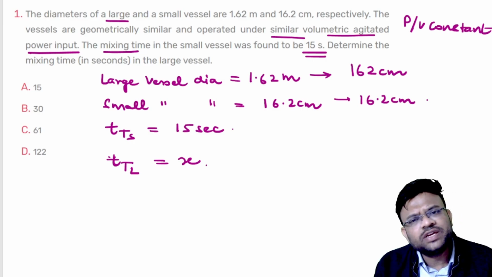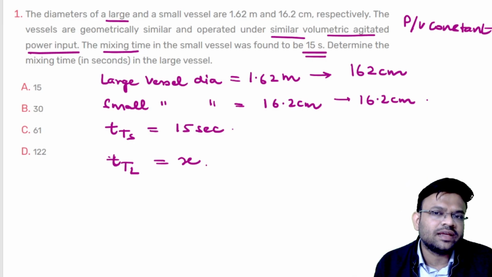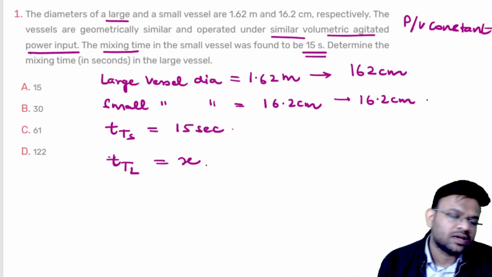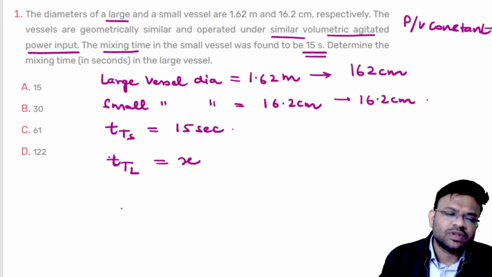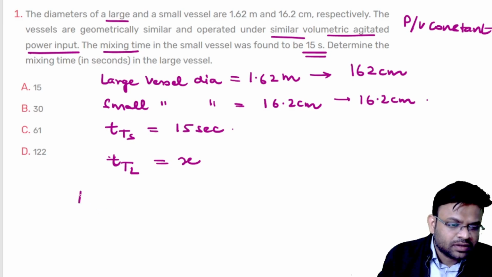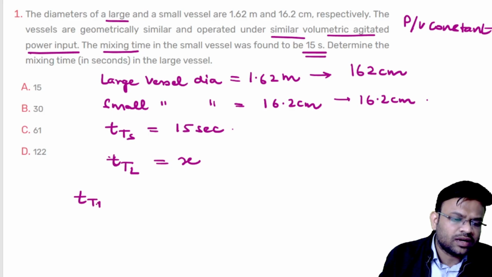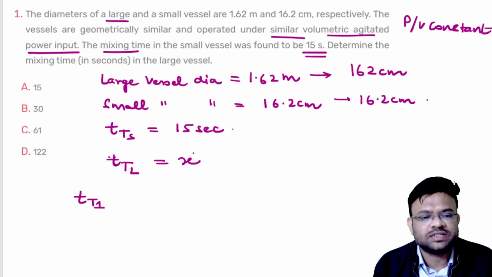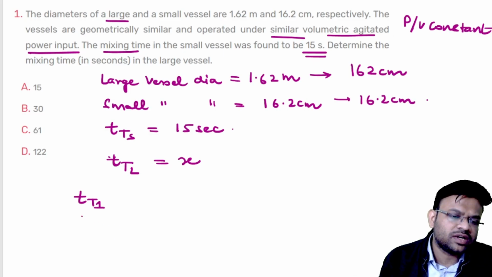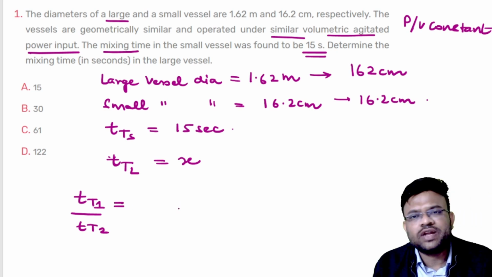But I will give you a formula through which you can directly calculate the mixing time if P by V ratio is constant. The formula is t1 upon t2 is equal to dA2 upon dA1, directly correlating to the diameter of the vessels.